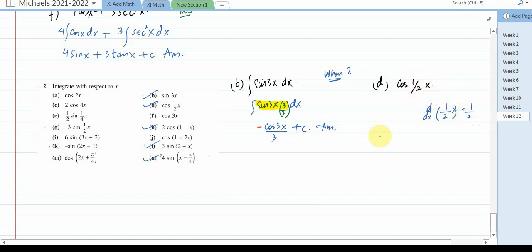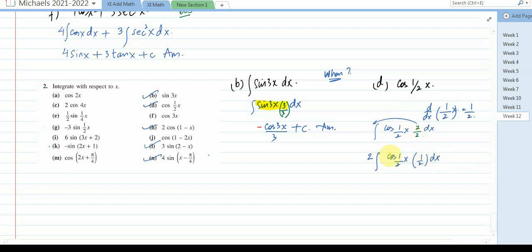So what I will do, I need to integrate cos 1 over 2x dx. I need 1 upon 2 here, so I will multiply and divide 2 upon 2. Alright, the 2 in the numerator, I will take it outside the integral sign, so it's 2 integral cos 1 over 2x, and this 2 remains here, it's 1 over 2 and dx.